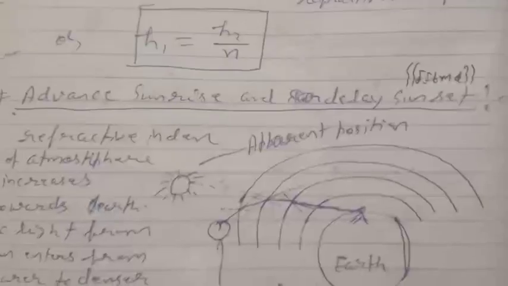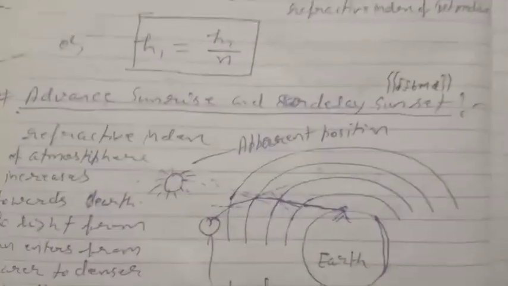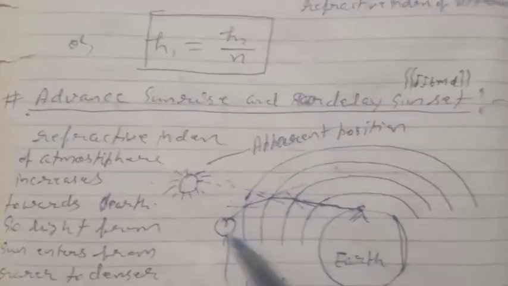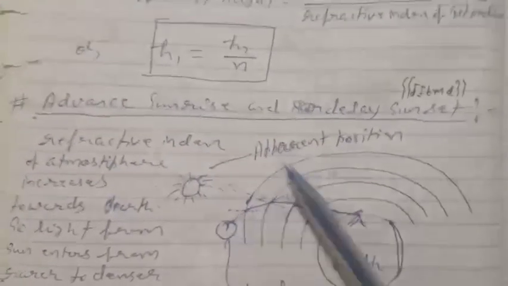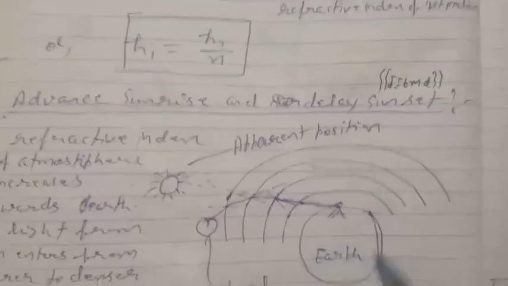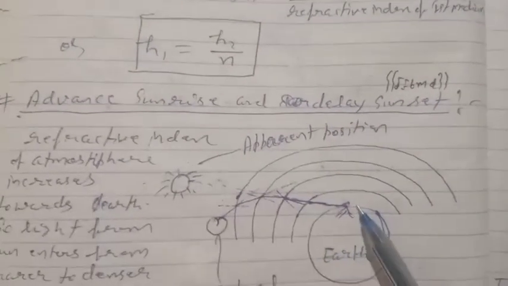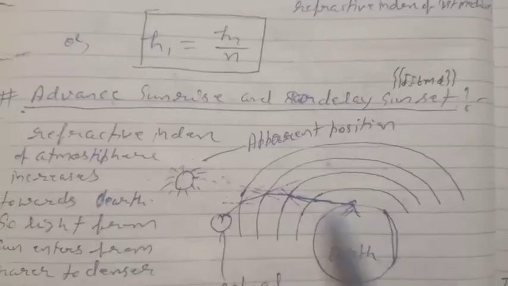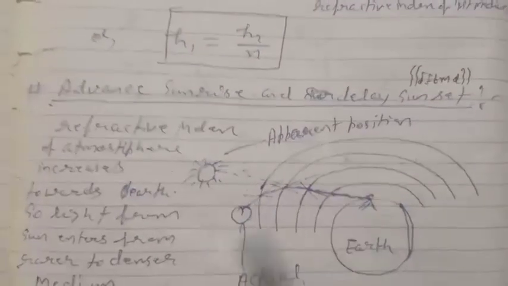Now, advance sunrise and delay sunset. This can also be explained using the phenomenon of refraction. For example, consider this is our earth and a man standing on the earth seeing the sunrise.